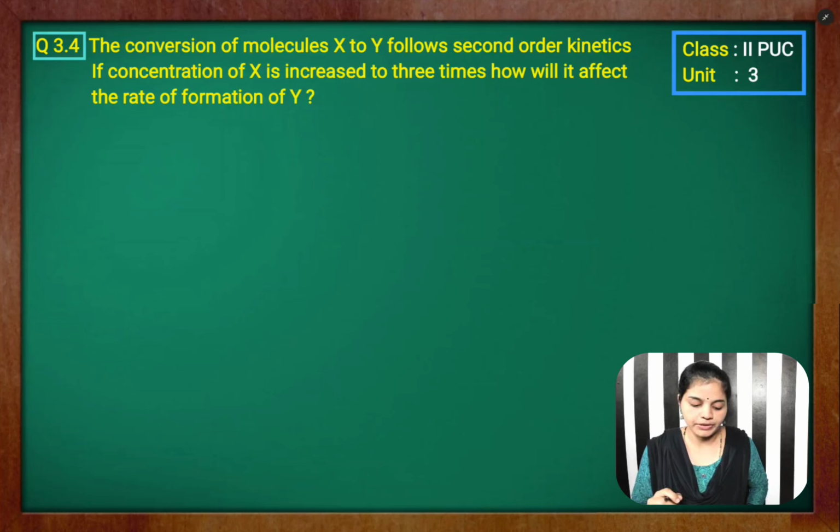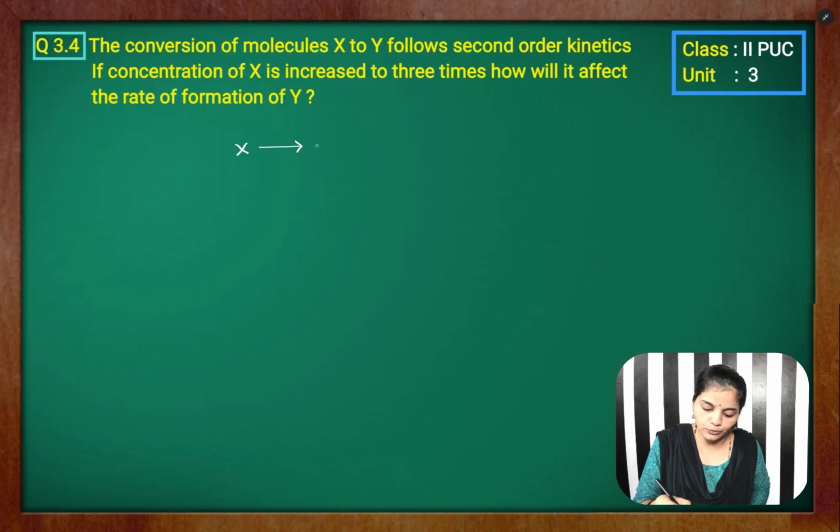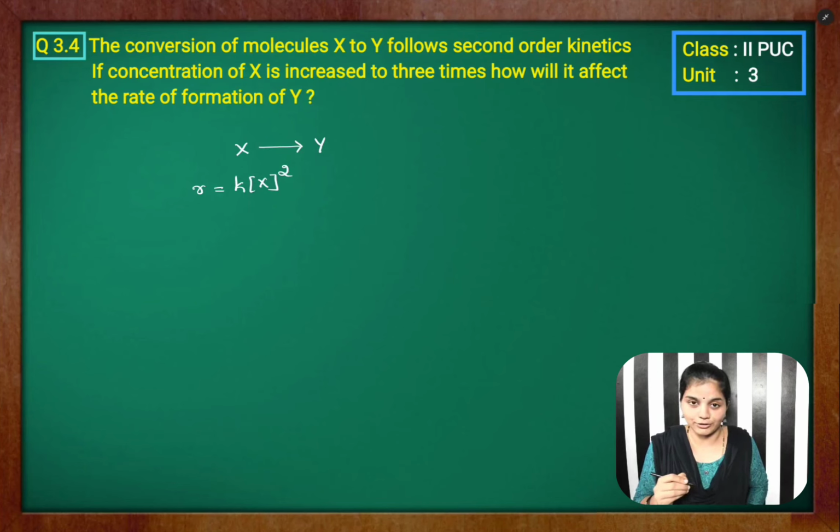Question number 3.4. The conversion of molecules X to Y follows second order kinetics. If concentration of X is increased 3 times, how will it affect the rate of formation of Y? So they have told that conversion of molecule X to Y is second order kinetics. Therefore, I can write rate R is equal to K into concentration of X raised to 2. So since it's a second order reaction, concentration of X is raised to 2. So now they have given us that concentration of X is increased to 3 times.